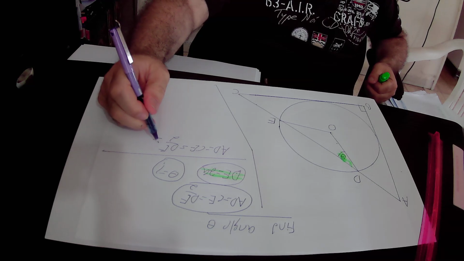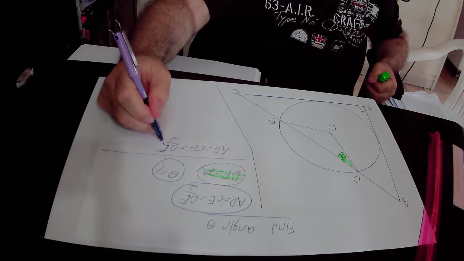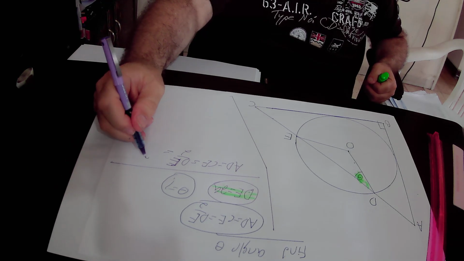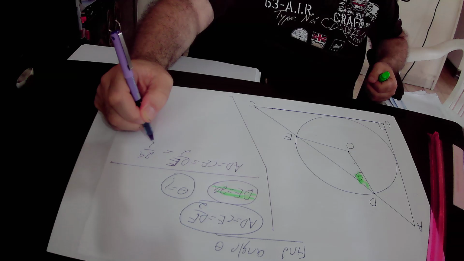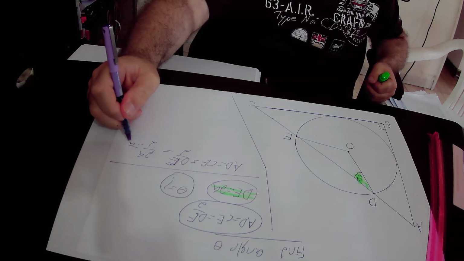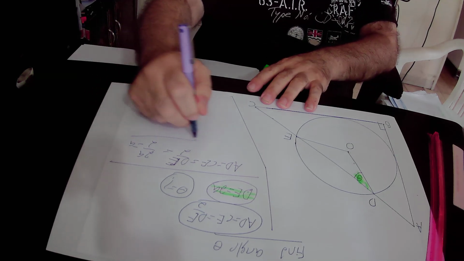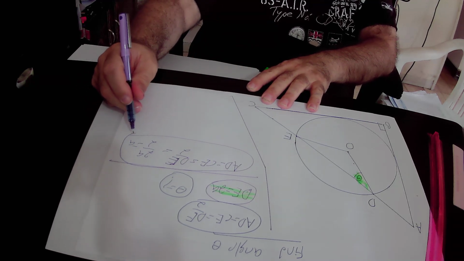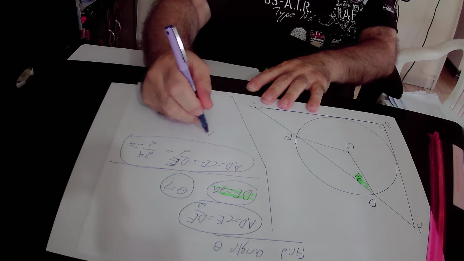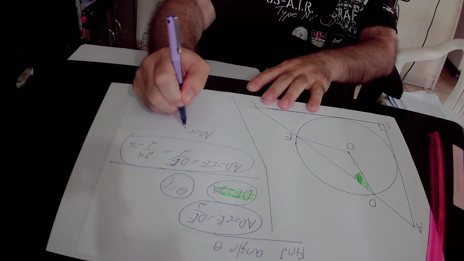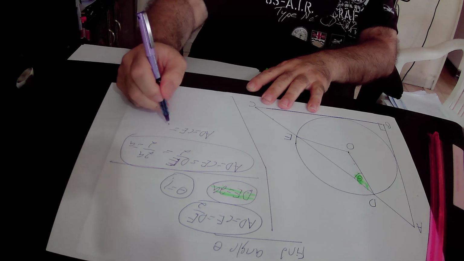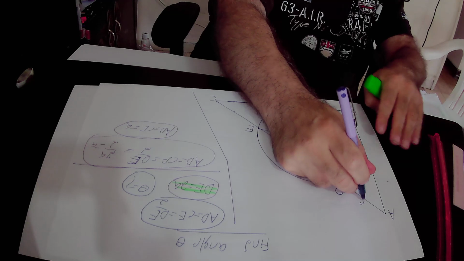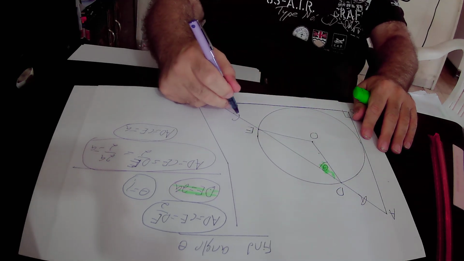But according to our definition, DE equals 2a, so we substitute DE by 2a. 2a over 2 is a. So from this long equation, AD equals CE equals DE over 2 equals 2a over 2 equals a, we will derive that AD equals CE, that is equal to a. That is to say, AD equals a, and EC also equals a.